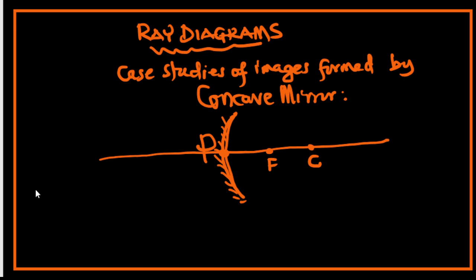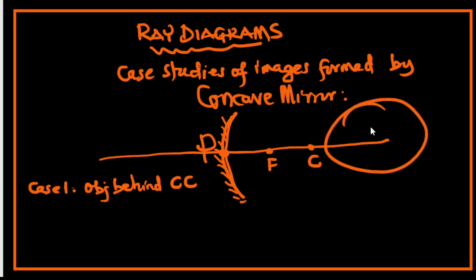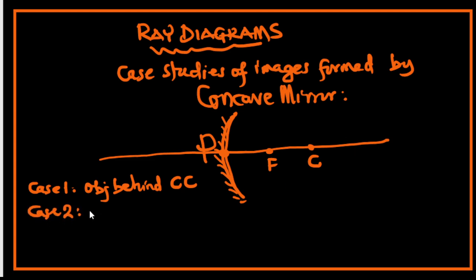So we have case 1, object behind center of curvature, meaning the object somewhere around here. Case 2, object on center of curvature, meaning the object sitting here.